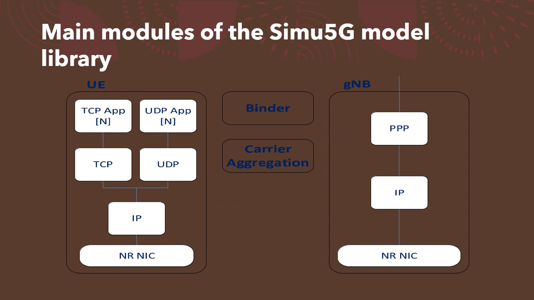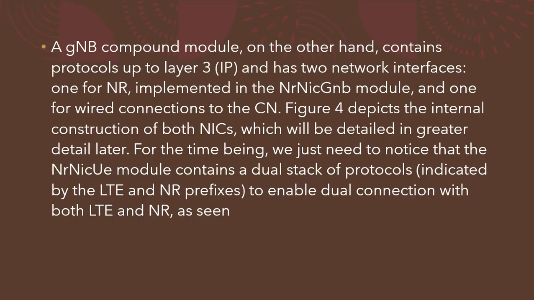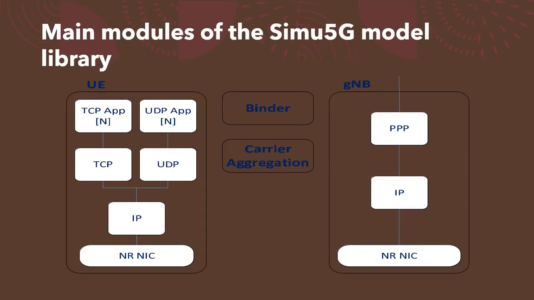For example, to compute the path loss, the UE model includes all protocol layers from the physical to the application layer. It also includes the IP and TCP and UDP protocols, as well as vector TCP and UDP applications. A gNB compound module, on the other hand, contains protocols up to layer 3, IP.